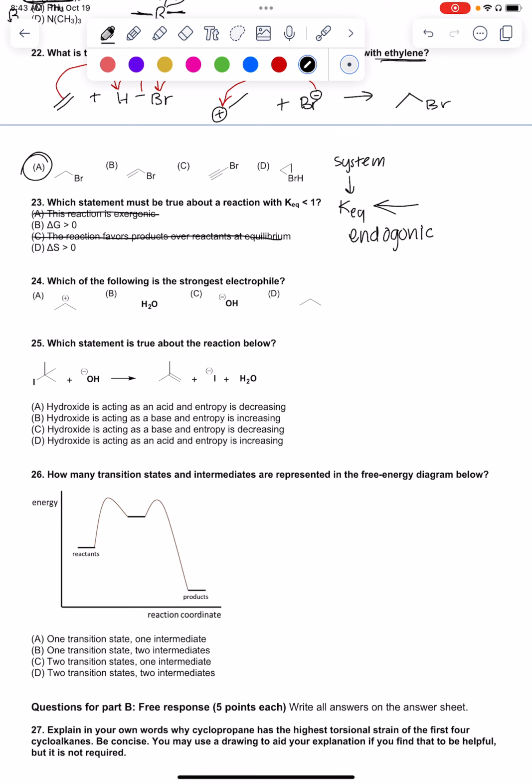But we know that when you have an endergonic reaction, you have something that's endothermic as well. And that means delta H is positive, and we said that we can pretty much say that delta H is equal to delta G. And if delta H is positive, that means that delta G must also be greater than 0. And so that has to be B. And delta S, I'm not even going to worry about delta S.